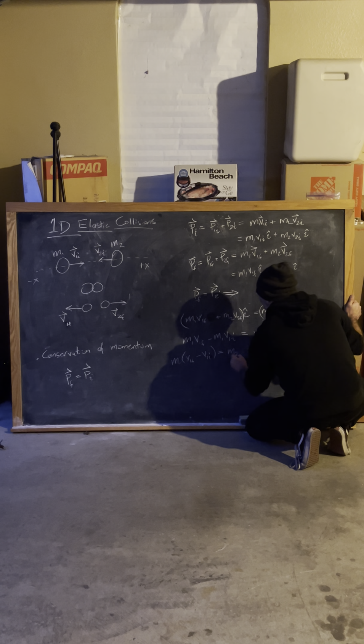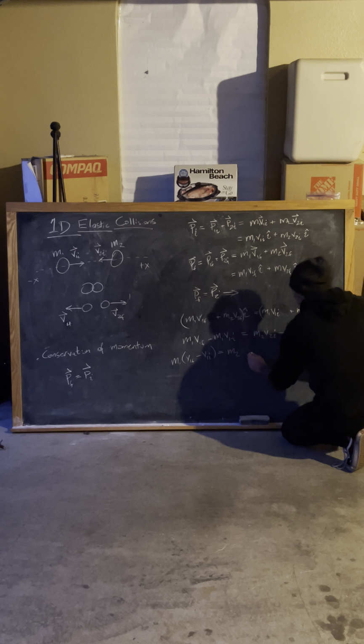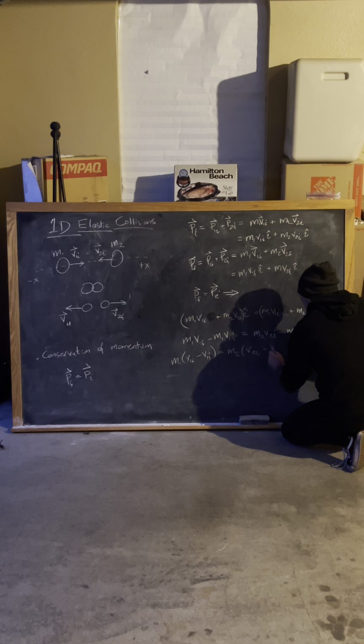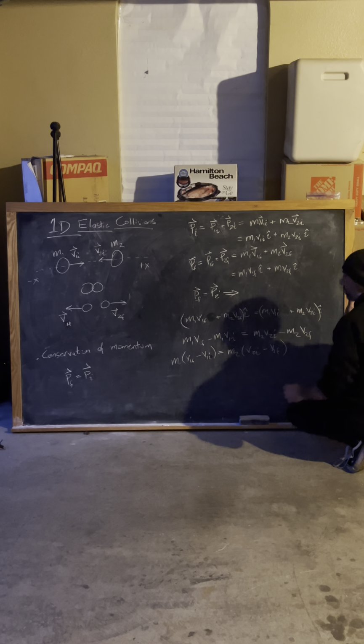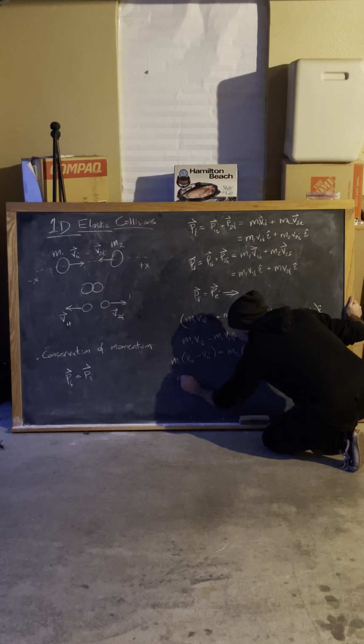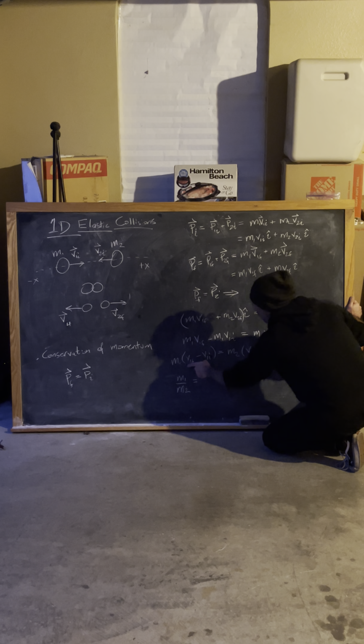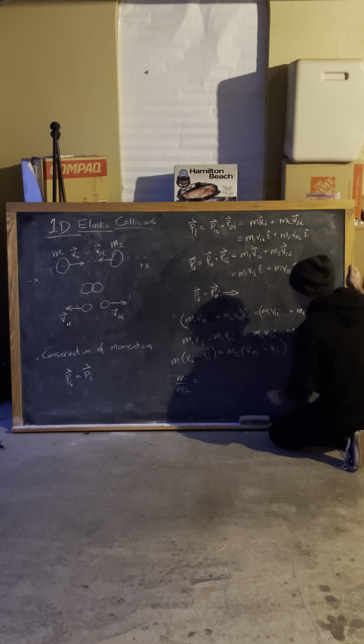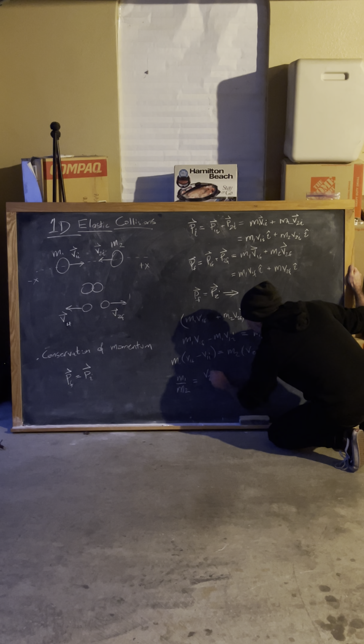Factoring out an m2, we have v2i minus v2f. Now dividing both sides by m2 gives us m1 divided by m2, and then dividing both sides by v1f minus v1i gives us v2i minus v2f divided by v1f minus v1i.